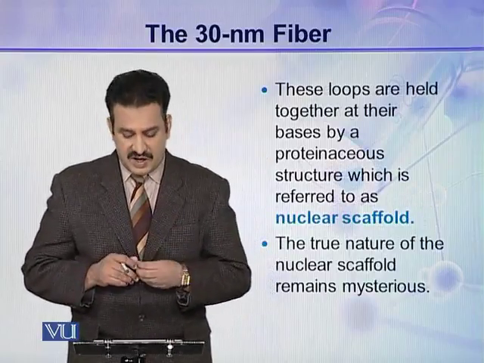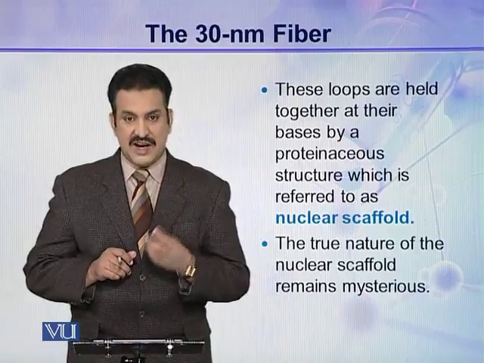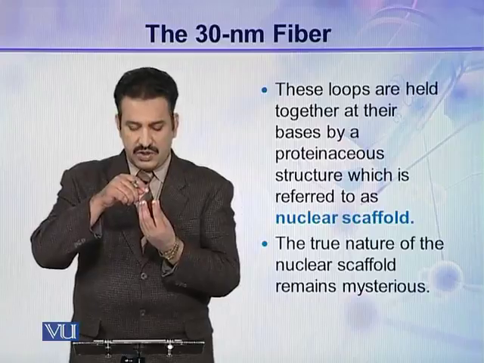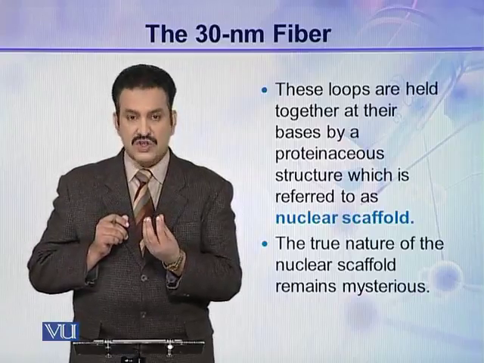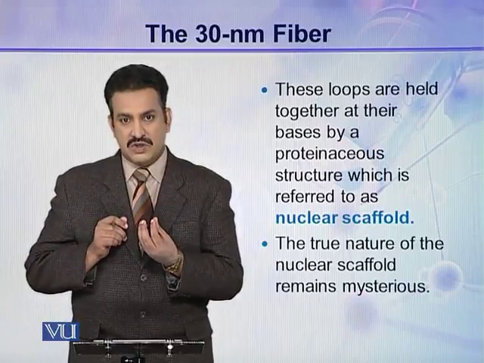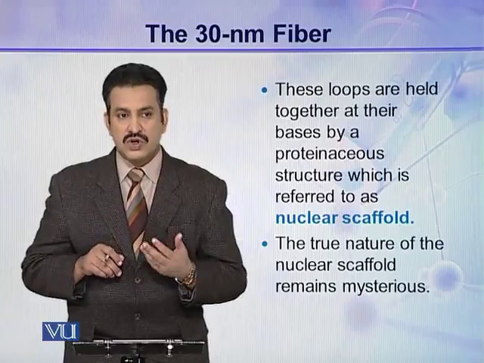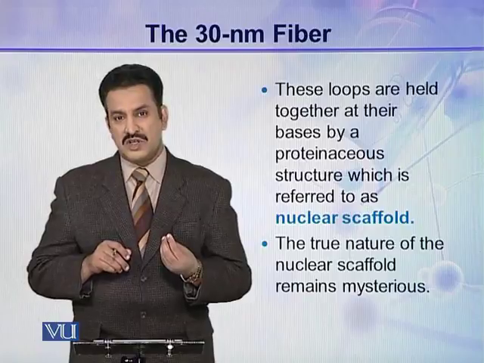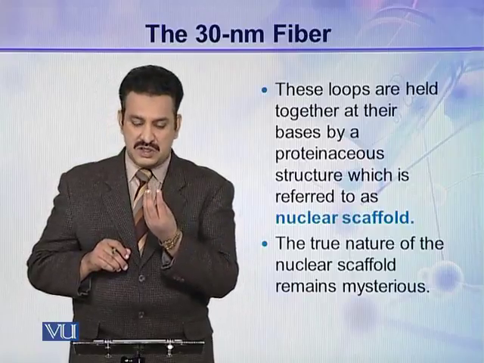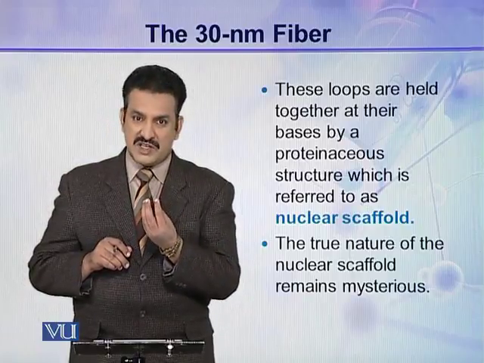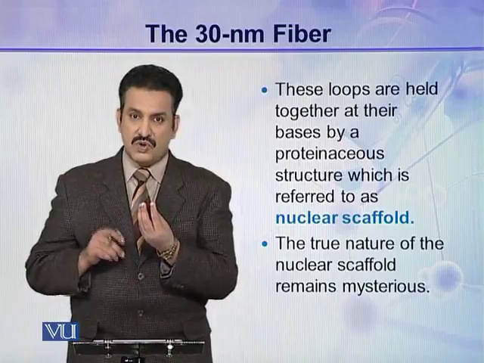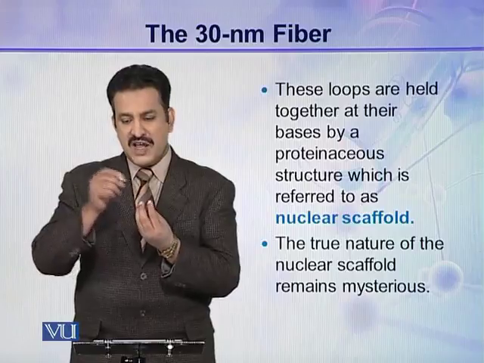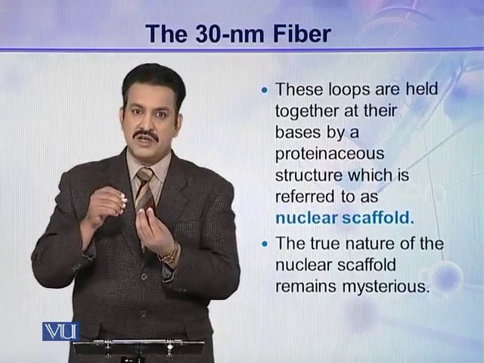These loops are held together at their bases by a proteinaceous structure which is referred to as the nuclear scaffold. So as you might be remembering, in case of prokaryotes, the protein core was present, and around that protein core the supercoiled loops and some relaxed loops were present.